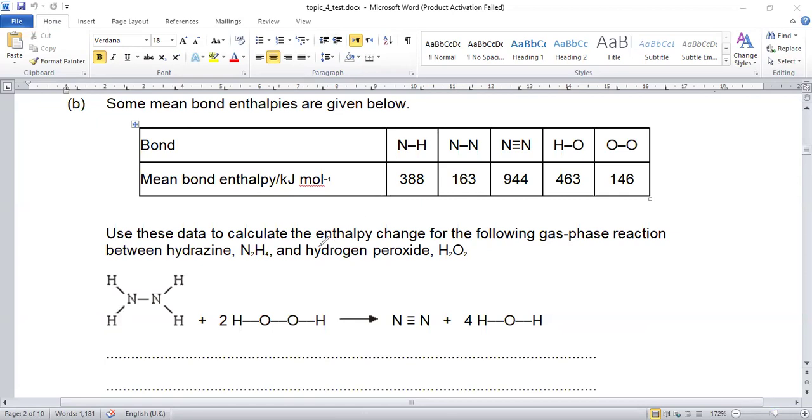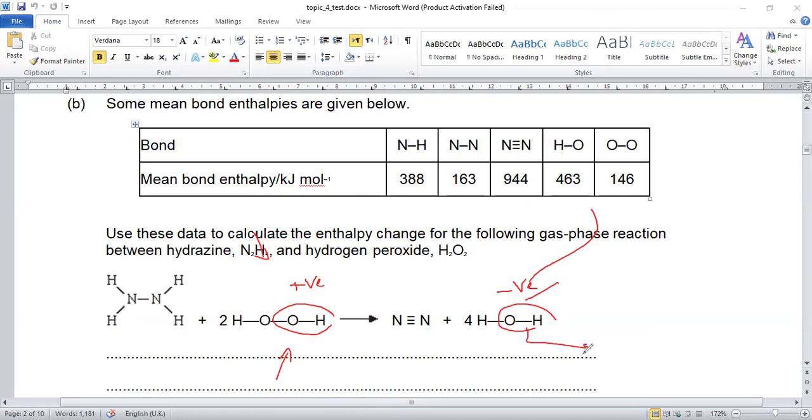If we have the same type of bond, an OH here and an OH there, you express it here with a positive sign and there with the same value but a negative sign, because the bond here is breaking down by absorbing heat.